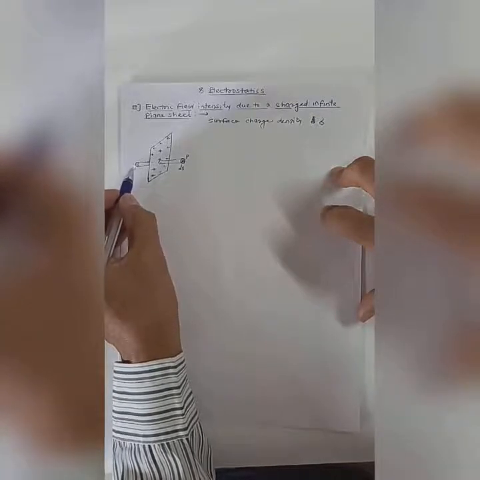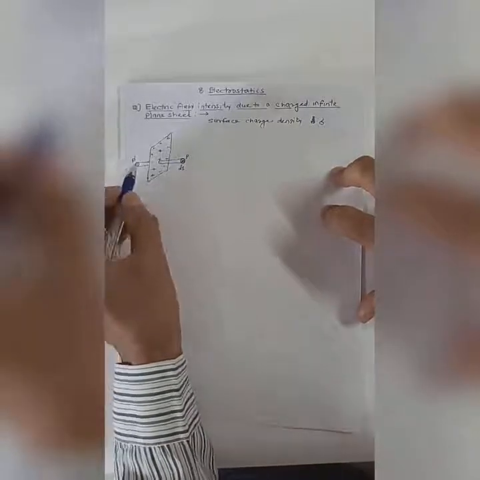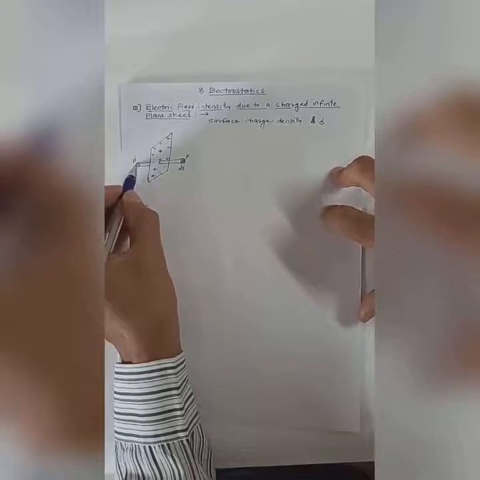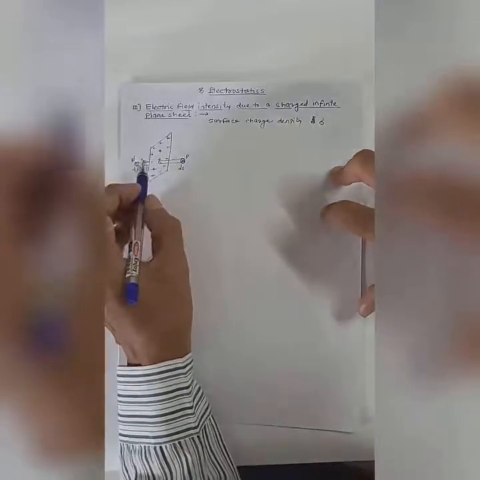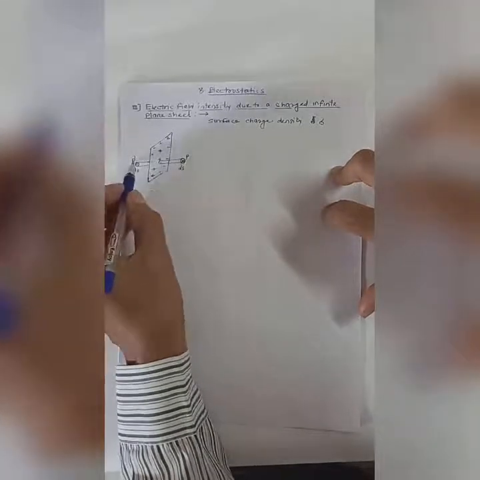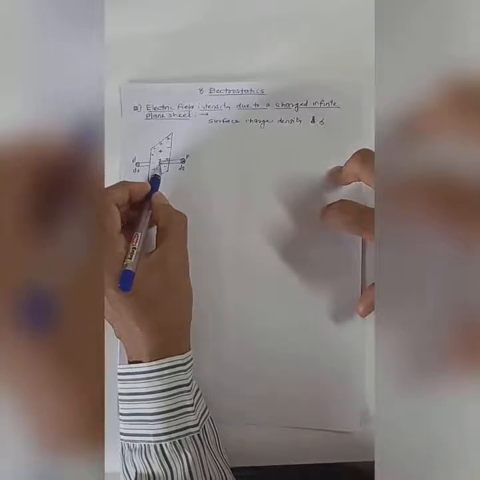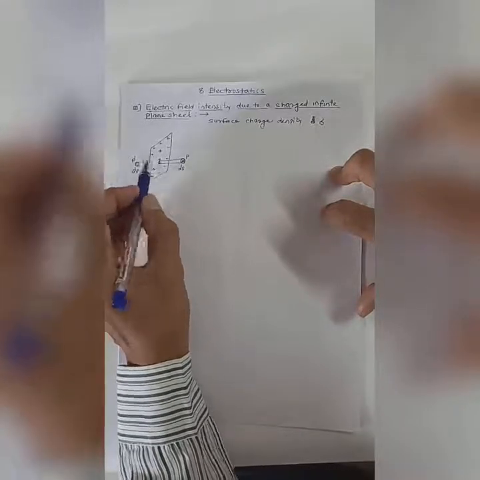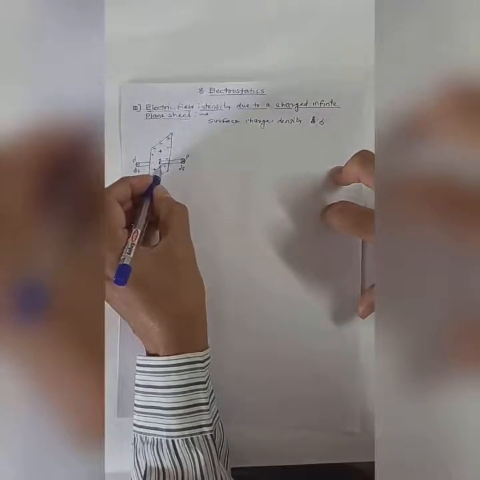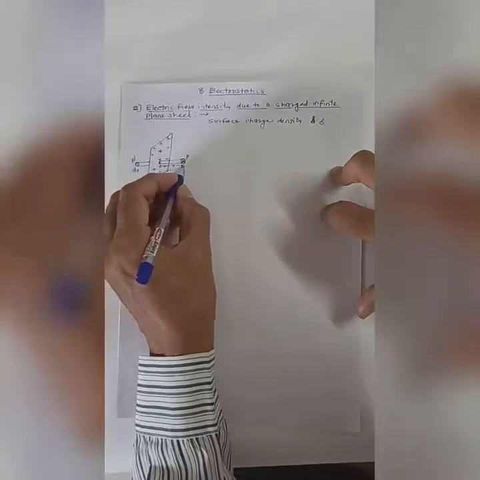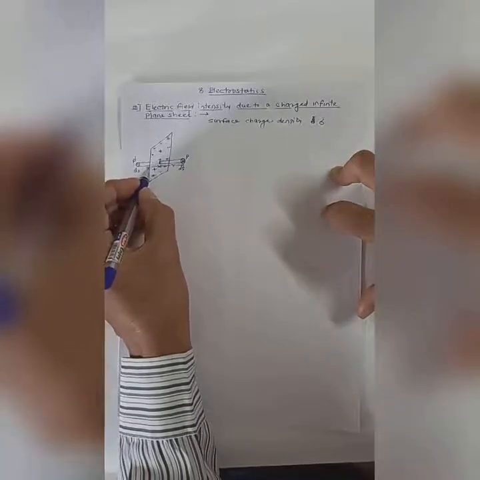Suppose this point is P dash. This surface area is also ds. Points P and P dash are equidistant from the plane sheet. So let r be the distance of the point P from the plane sheet; this distance will also be equal to r.